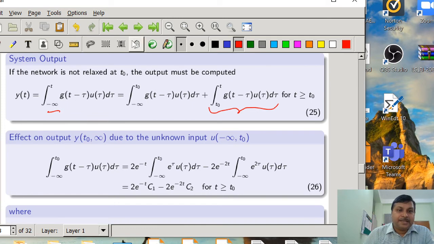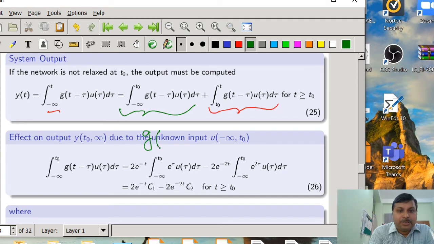So let us see only the part associated with minus infinity to t0, the integral of g(t minus tau) u(tau) d tau, because we want to know how the system output will be influenced by the unknown input applied during minus infinity to t0. This can be easily calculated, because we know g(t).